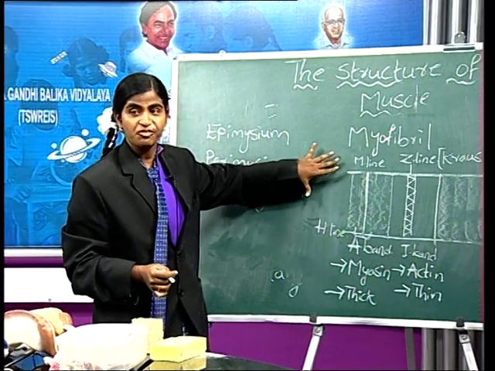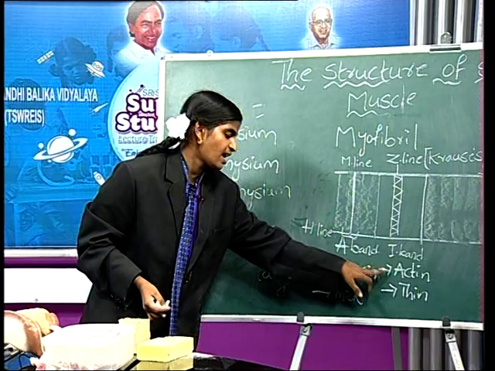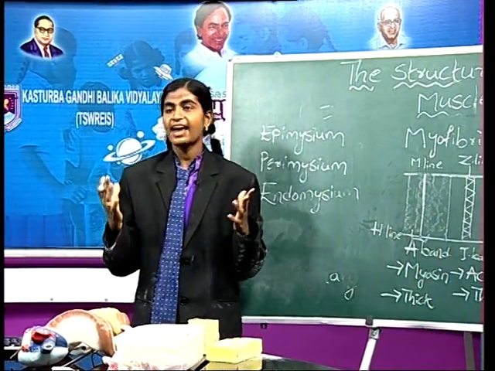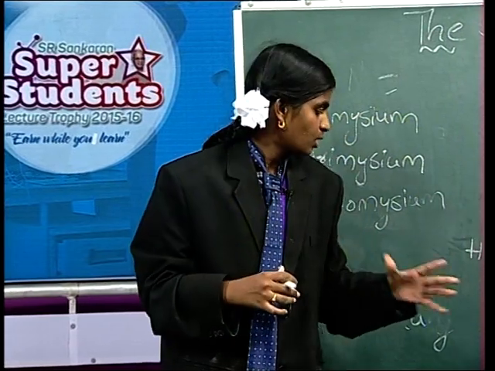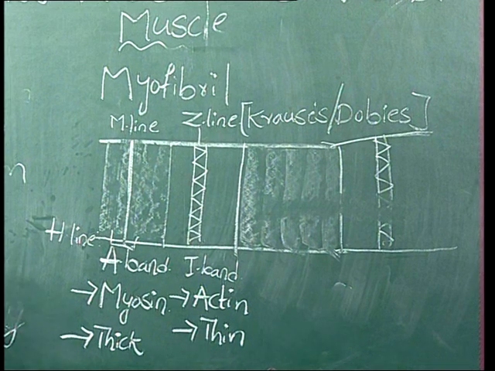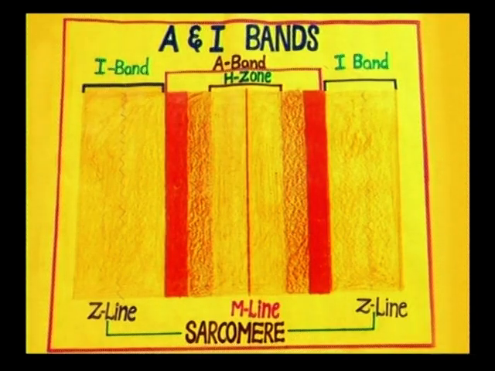So, this is the myofibril. Both proteins, actin and myosin, are rod-like structures arranged in parallel. You can observe here the A and I bands, the Z line, alternate A and I bands, and the H zone and M line.